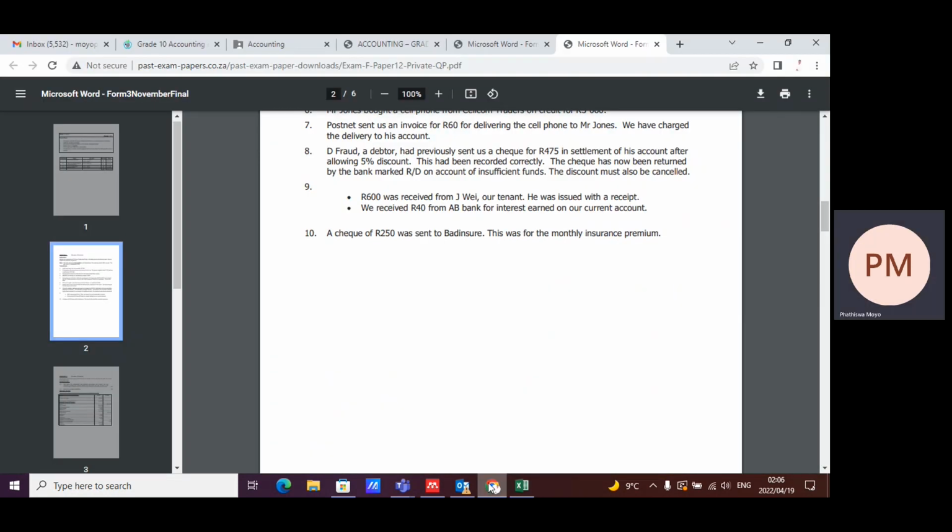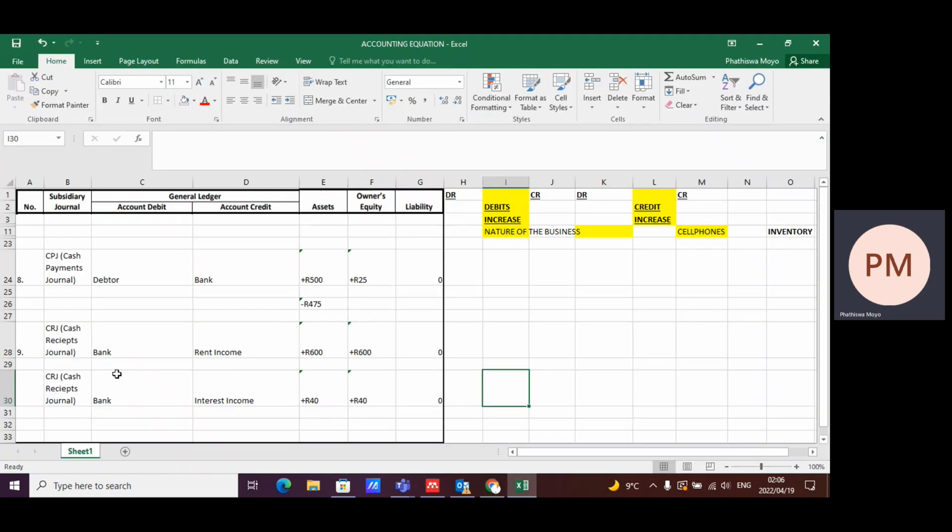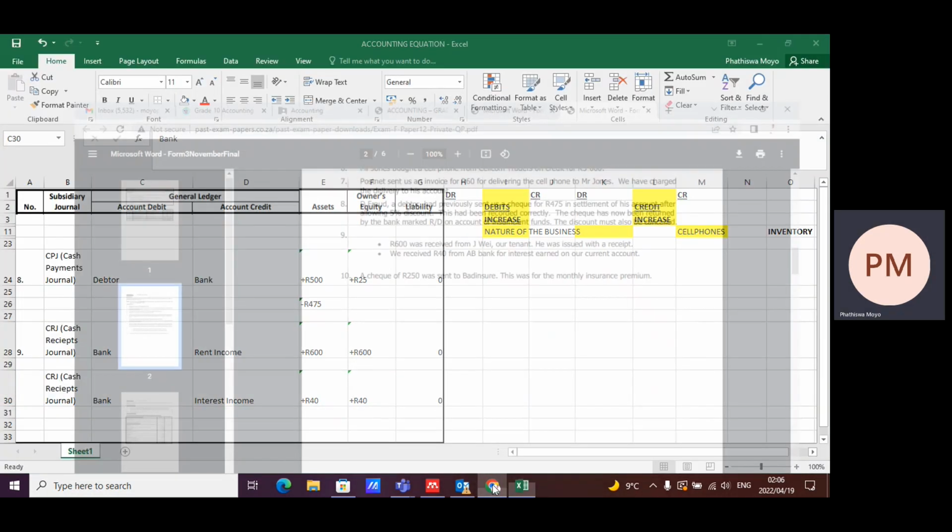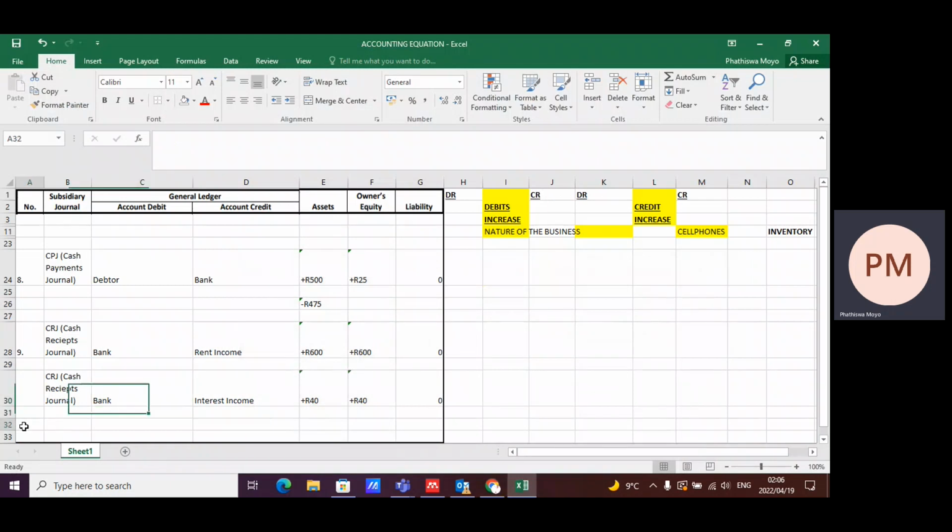And then a check of 250 was sent to BED Insure. This was for the monthly insurance premium. So we would use, what is this one? The 10th. So we would use the CPJ.